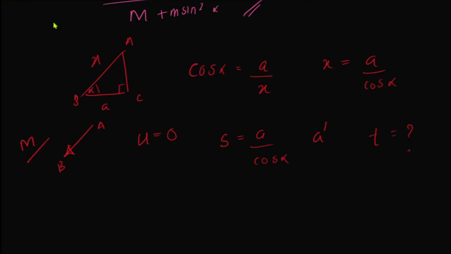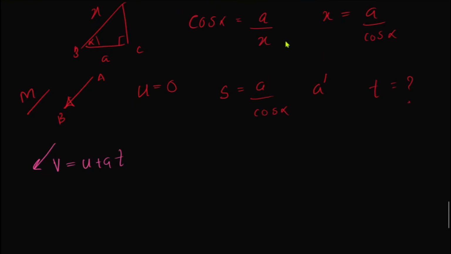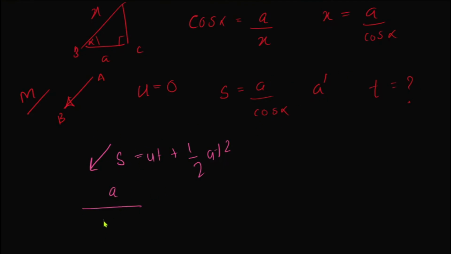So from A to B we are going to apply, not v equals u plus at, because we do not know the final velocity, so we will apply s equals ut plus half at squared.